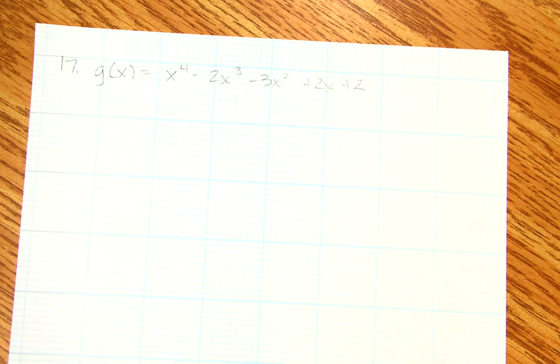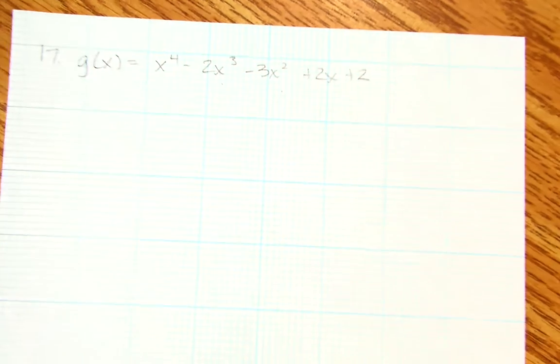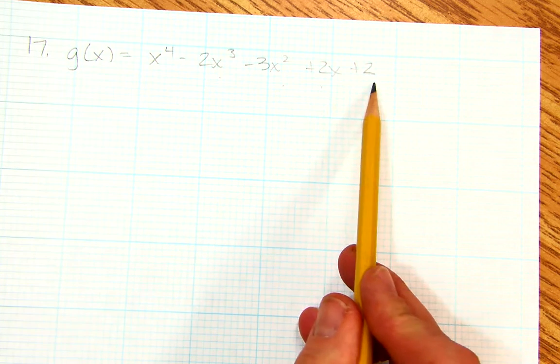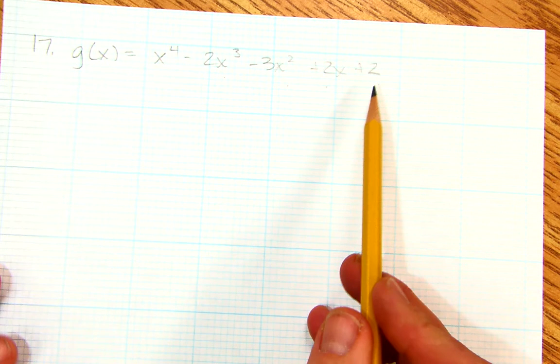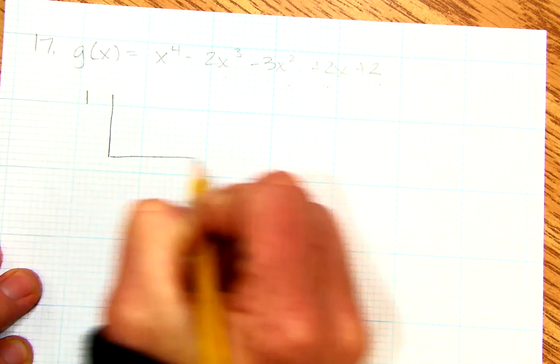Here's another function, x to the 4th minus 2x cubed minus 3x squared plus 2x plus 2. And again, when I graph it on my calculator or GeoGebra, it looks like 1 is a 0.